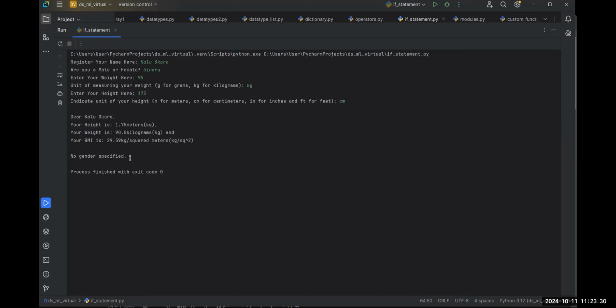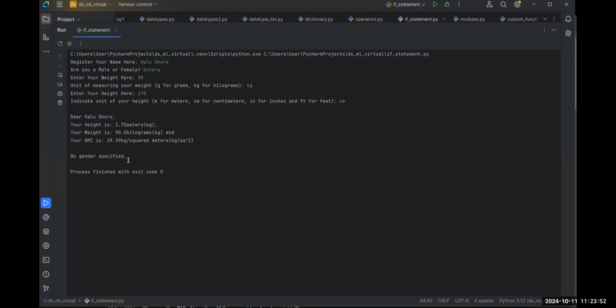We already have doctors who are waiting. Once the nurses are done and they specify your information and vitals, it will automatically send the information to the doctor, saying this is a male and this is a female, to different doctors at different times.